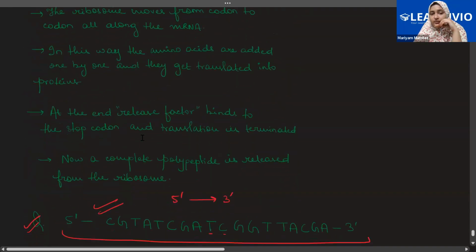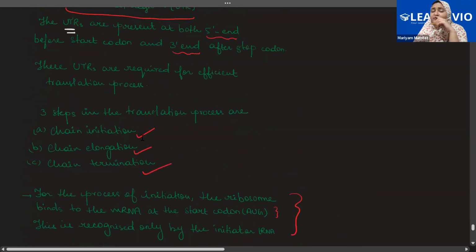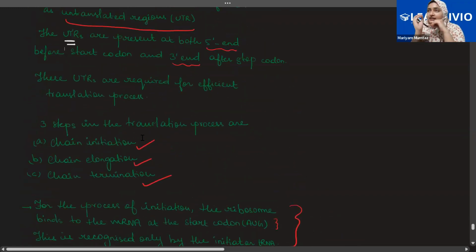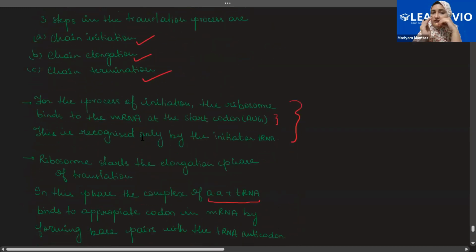Now, moving forward, after the flanking and the charging of amino acid and everything is done, the translation actually takes place in 3 stages: chain initiation, chain elongation, and chain termination.